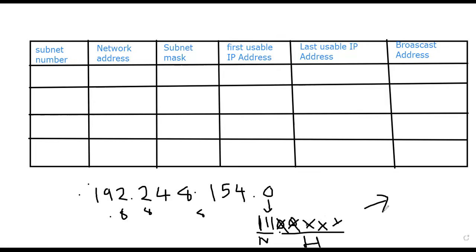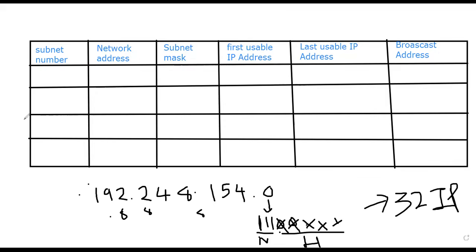So each subnet will have 32 IP addresses, right? How did I get it? 5 host bits are there, so 2 to the power 5 is 32. But we need to be clear: the net ID and the broadcast ID cannot be given to the host. We need to be clear on that, right?